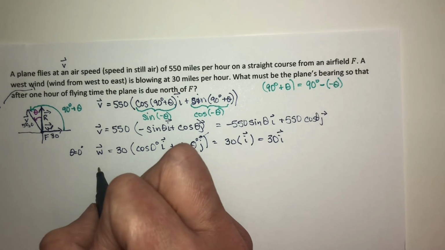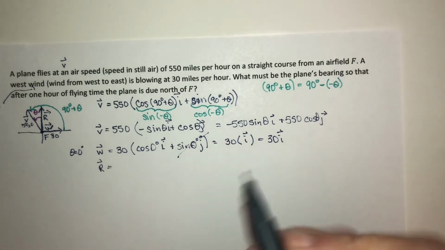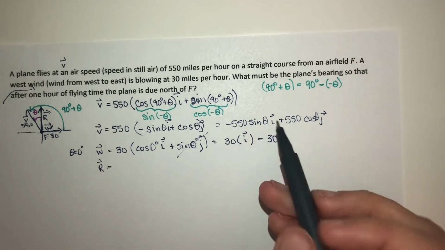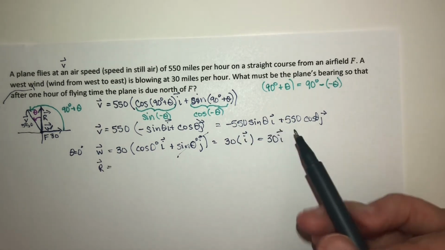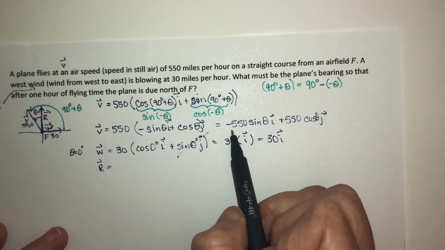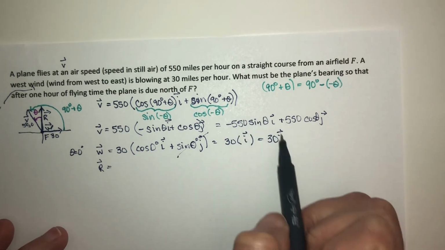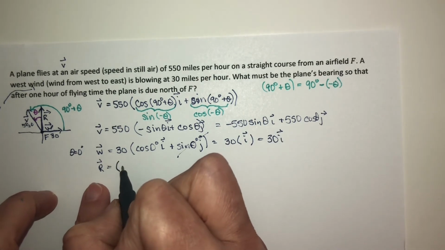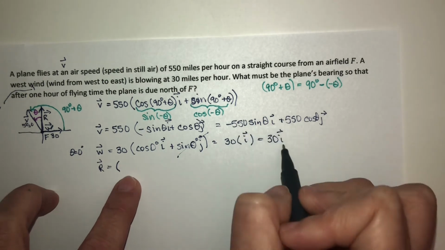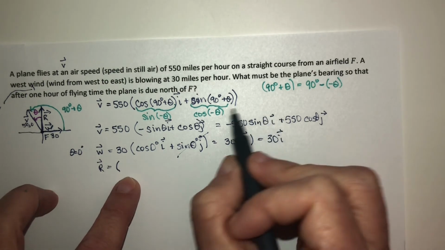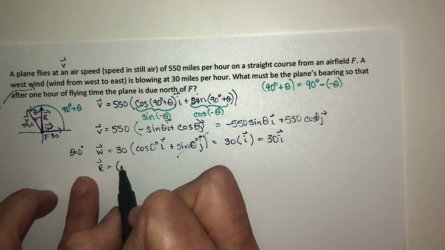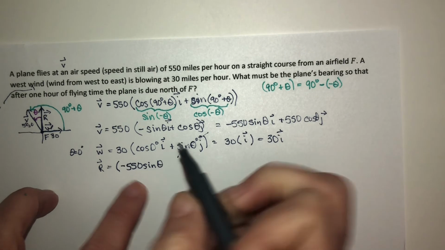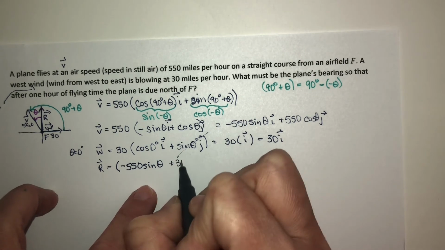Okay, so the resultant will be these two things added together. I'm supposed to add their i values together, and combining like terms gives negative 550 sine of theta plus 30, i.